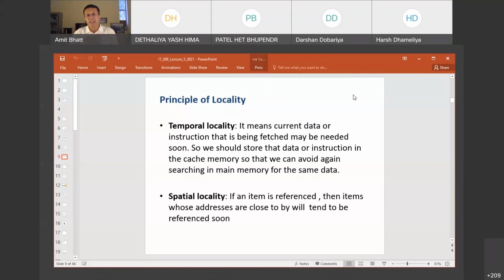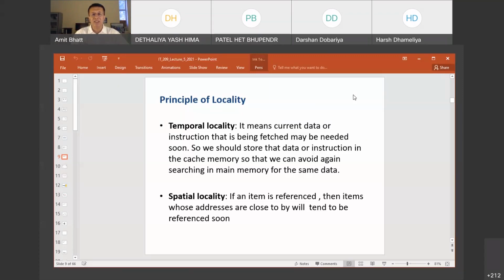That whole idea is based on loops: 1, 2, 3, 4, 5, 6, and again you go back to 1. You have used instruction number 1 a short time ago, and the chances are that you will use it again. That is called the principle of temporal locality.